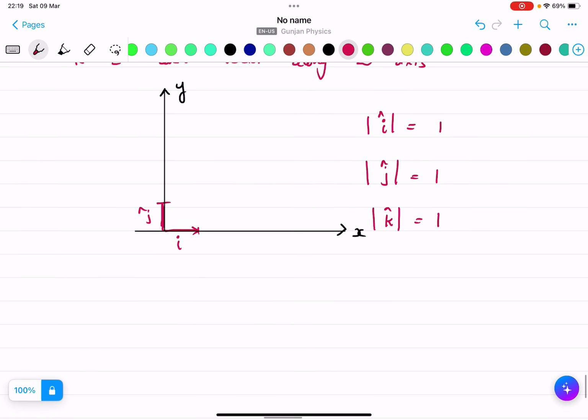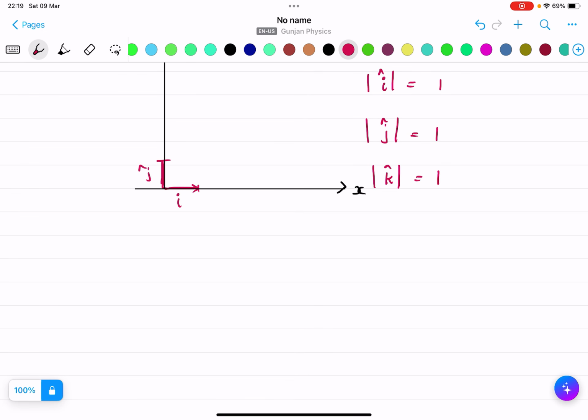Now let's get back to the Cartesian system. If I need to represent a vector in 2D in terms of unit vectors, how can I represent it? I can represent A as ax, the magnitude of A along unit vector i, plus ay, the magnitude along unit vector j, like this.